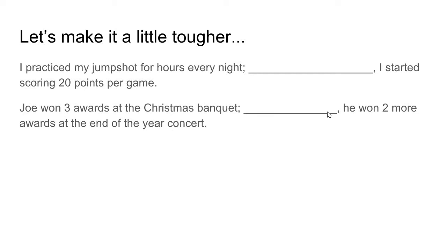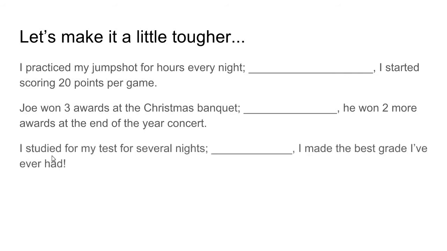So you might say, like, in addition, or furthermore, or moreover. When you look at your list of adverbs, you can choose the one that kind of means adding extra information. I studied for my test for several nights, semicolon, conjunctive adverb, comma, I made the best grade I've ever had. Feels like a cause and effect. So you decide which one that you want to use.